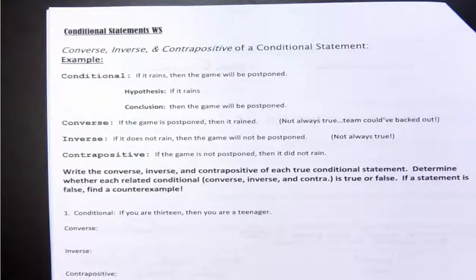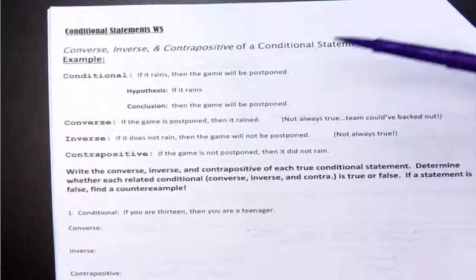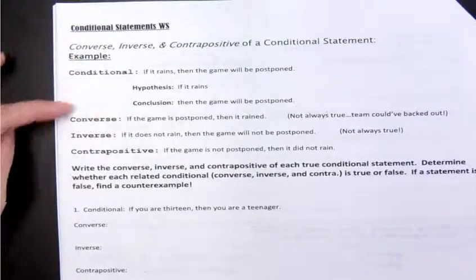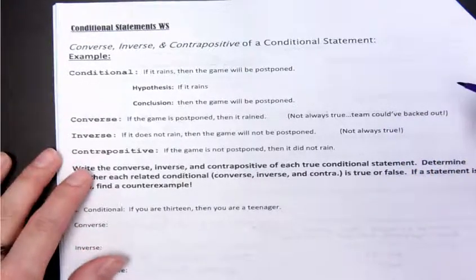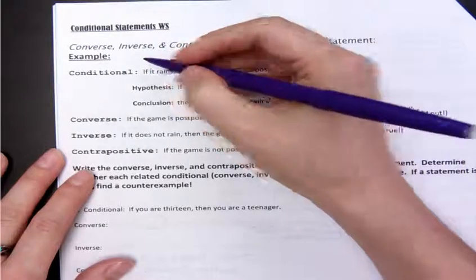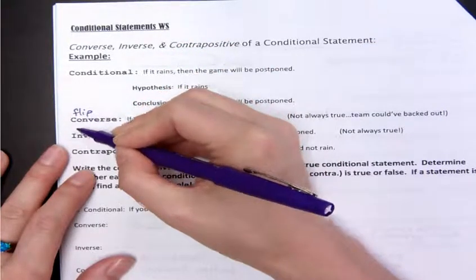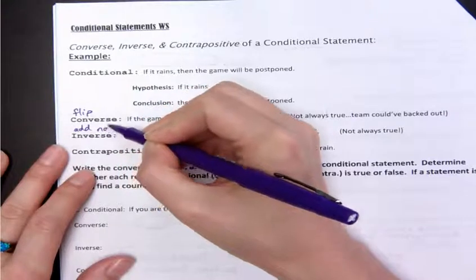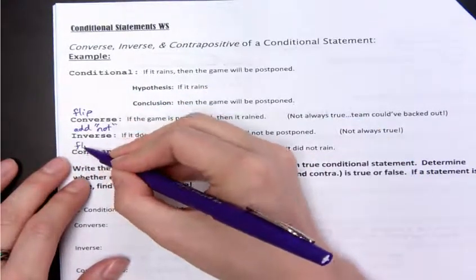All right, and let's have one talker again. Okay, so here it gives, again, the review of what we did in the foldable. And remember, you have to have these words memorized by your quiz that will be coming up. So converse is where we flip it. Inverse is where we add not. And contrapositive is where we flip and add not.